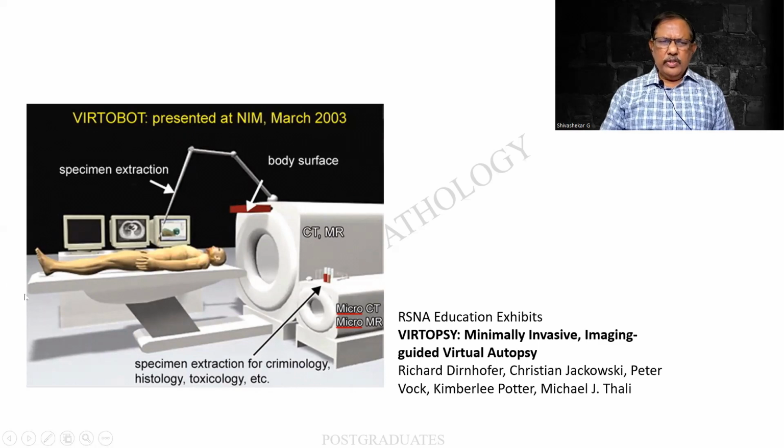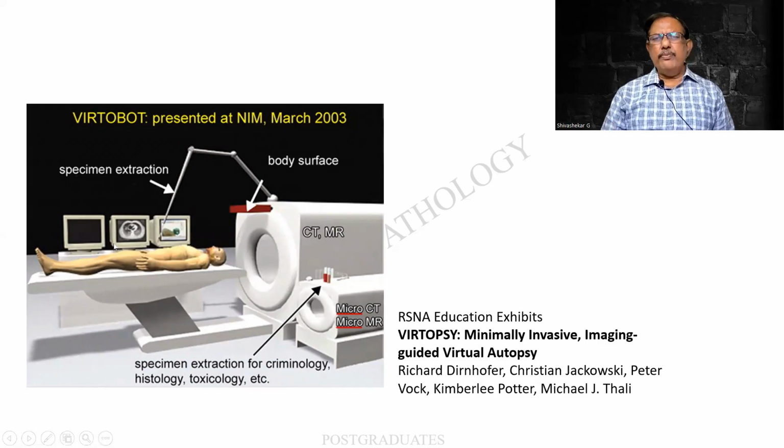Now, this is almost being treated as a human being, and it is subjected to either computer tomography or magnetic resonance. Also, you find that there can be a robotic surgery or something that could be done. There can be an exhumation or extraction of a particular specimen. And whatever you people do, you find that it is being recorded.